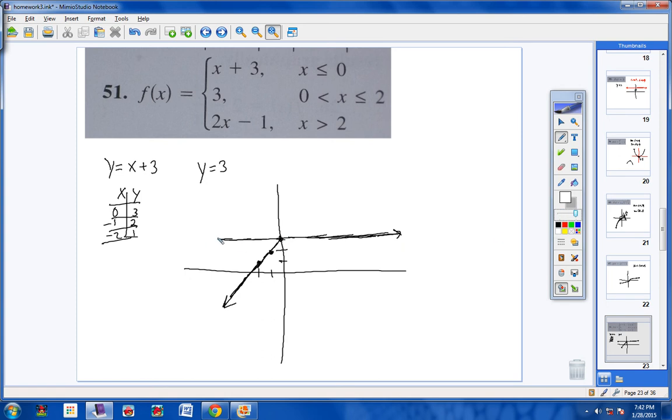This straight line, y equals 3, is only good from 0 to positive 2. So 1, 2. So the line's got to stop right here.